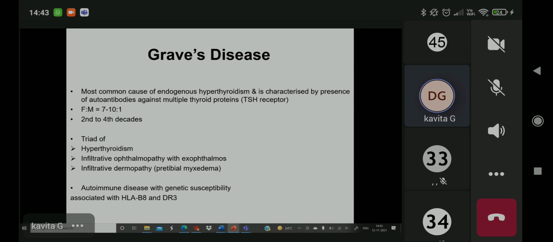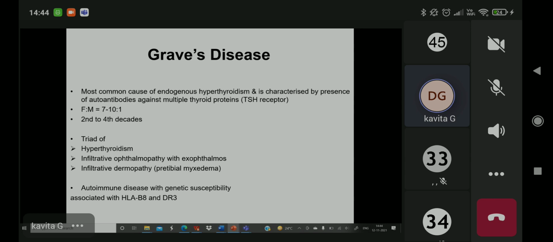That is one, we know that your patient is going to present with hyperthyroidism. Another thing is you have infiltrative ophthalmopathy. So, it's more common in women, although we have an increased incidence in men, you can say female predominance. Then you have the triad of hyperthyroidism, and then there is infiltrative ophthalmopathy with exophthalmos.